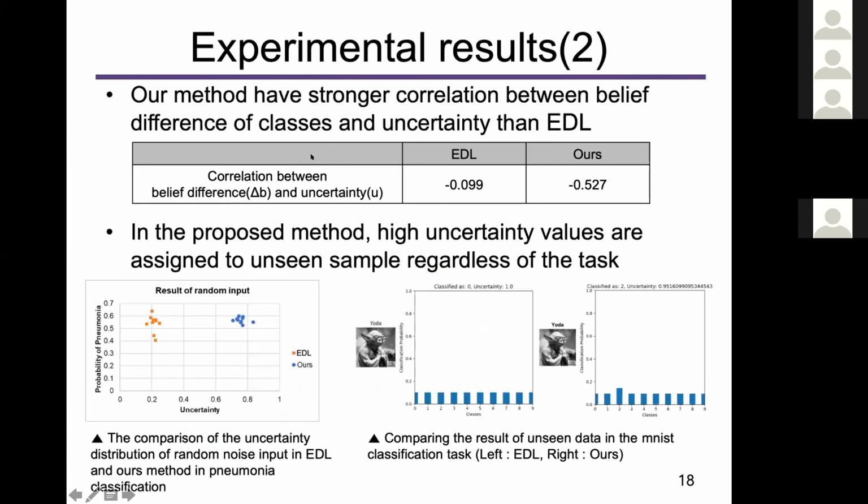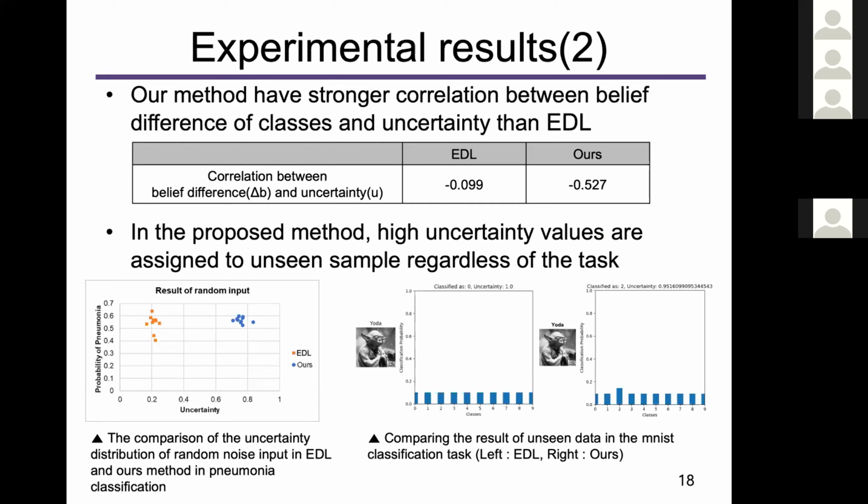Yep. And the next result, we compare the correlation between difference in belief and uncertainty. So, let's say there are only two classes, and if belief one and belief two are different, that means the model is quite sure if this sample belongs to class one or class two.